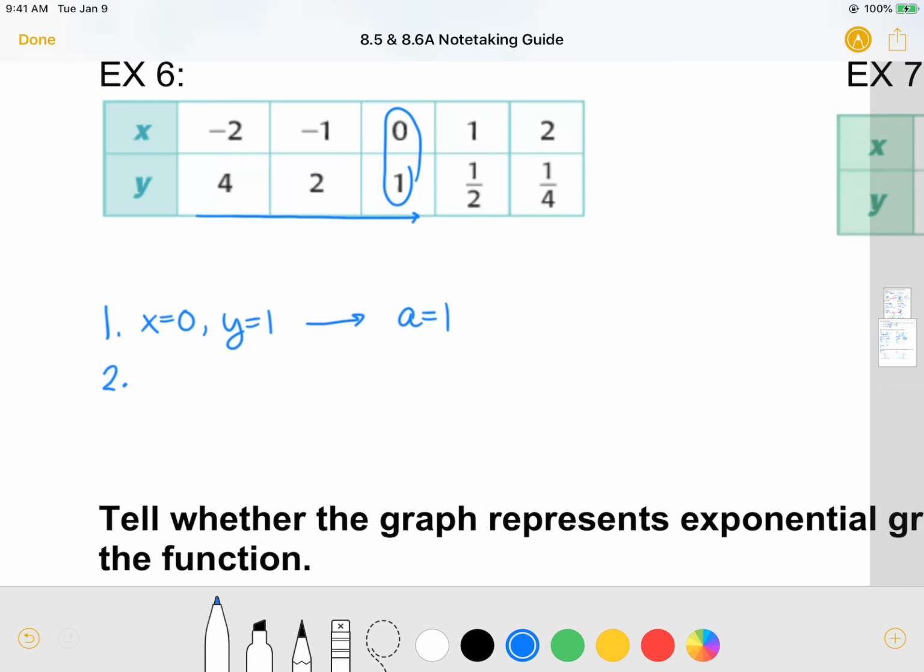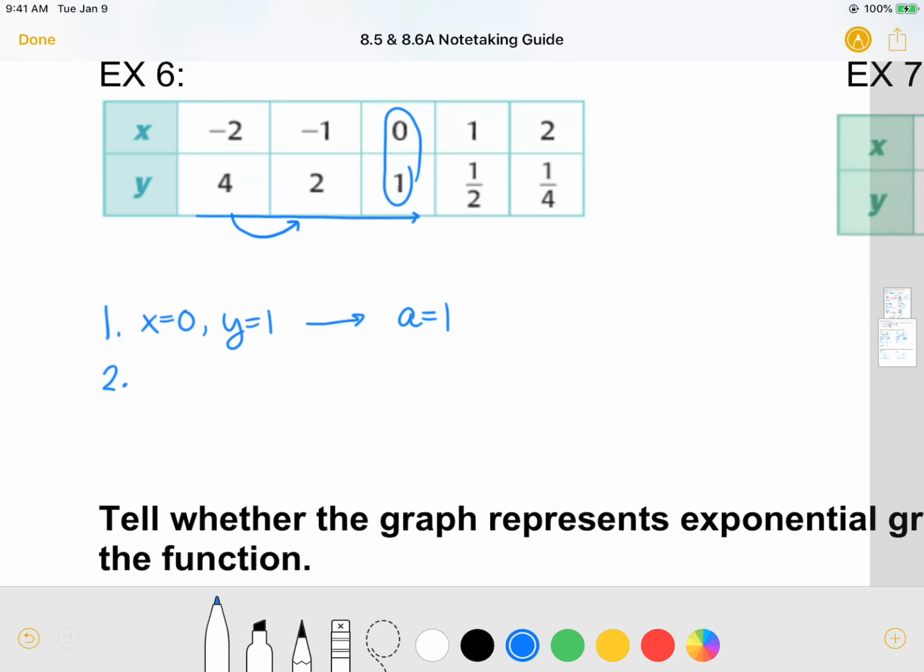So since we are decreasing, this represents exponential decay, we have to think about what we are multiplying by to make a function get smaller. So some of you may know that 4 divided by 2 is 2, but what number could I multiply 4 by to get 2?